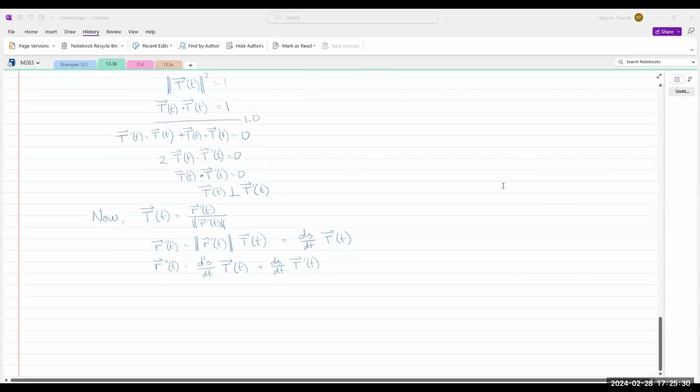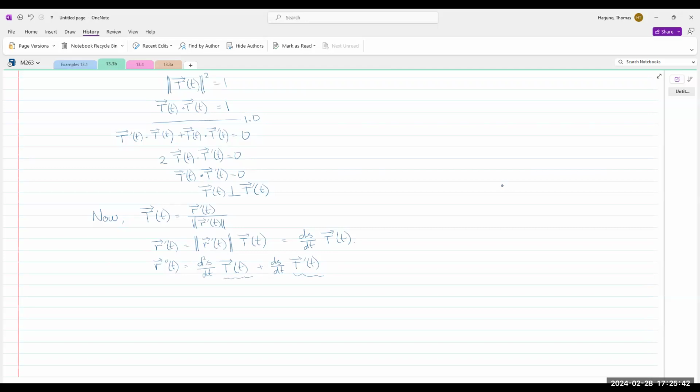I know it's still painful. Our goal is actually to get rid of this, because T prime t is ugly. In fact, if possible, we don't even want to find the unit tangent vector. It will be a lot easier if we can express our curvature later on in terms of r prime t and r double prime t. That's our goal.